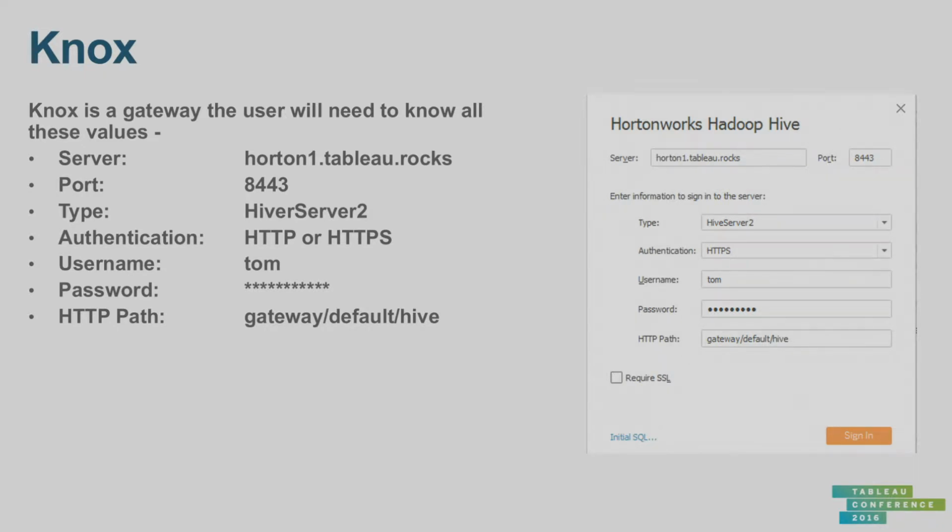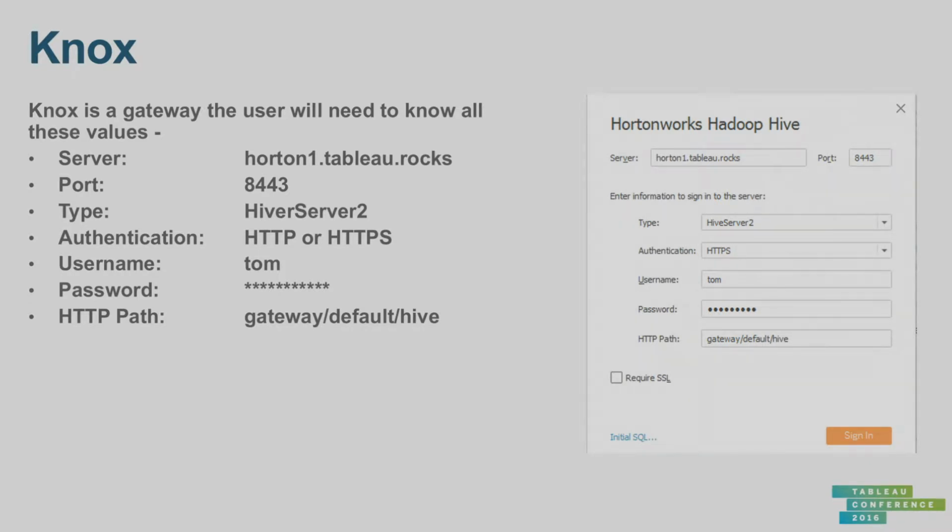But the authentication option is HTTP or HTTPS, and that is effectively telling Tableau Desktop that we're going to connect to a Knox gateway, because it's a REST endpoint. It's actually communicating over HTTP or HTTPS. But it is a username and password connection, which, again, are set up on the cluster.